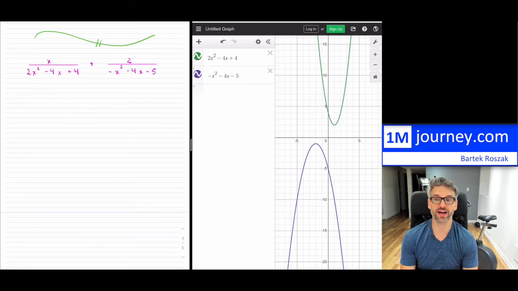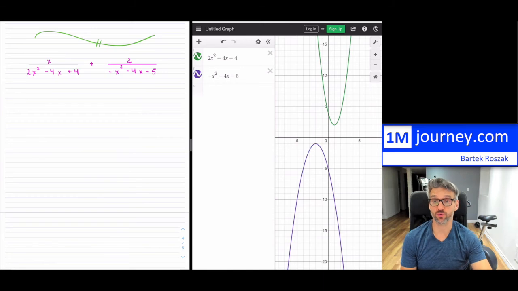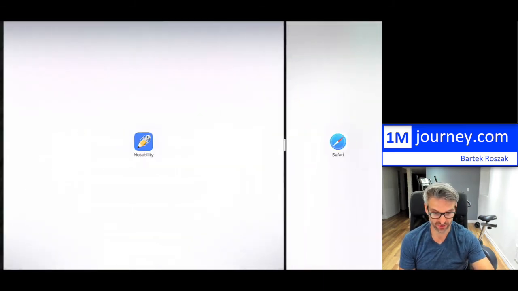So we can't even factor this out either. So if you can't factor things out, then what do you do? We can't factor this out in any way. And if you would like, you can try the quadratic formula for yourself, plug the numbers in, and you'll see that you won't get real factors out.